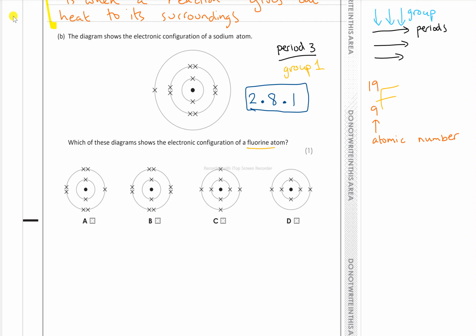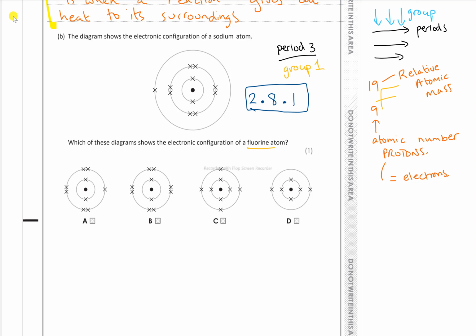So this here is called the atomic number. It stands for the number of protons, which happens to be equal to the number of electrons. This is called the relative atomic mass.